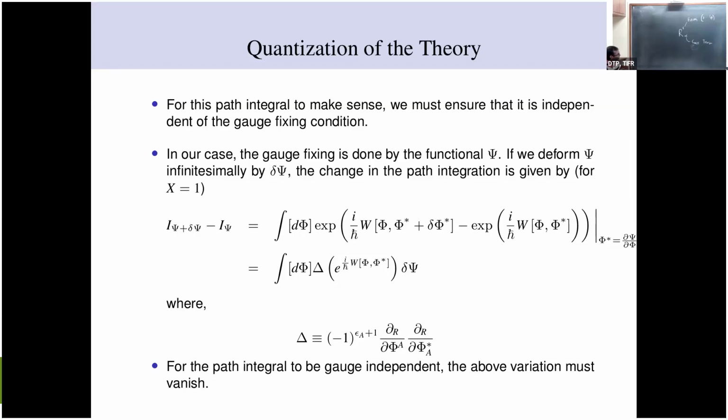You can show that this reduces to this up to order delta psi, and you ignore all terms of order delta psi squared and so on. Then it reduces to this, where this operator delta has this form: minus 1 to the power epsilon a plus 1, del r by del phi a, del r by del phi star a. And for this path integral to be gauge independent, this variation must vanish.